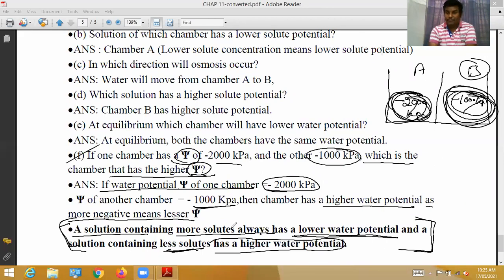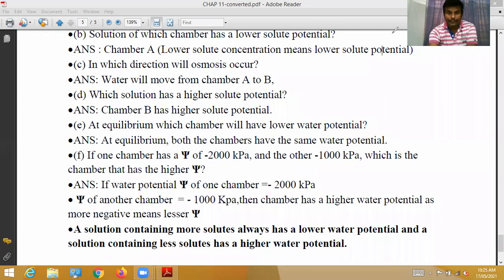There is a chance it could be asked in NEET, so you may be lucky students. That's all. With this, the osmosis topic is finished.